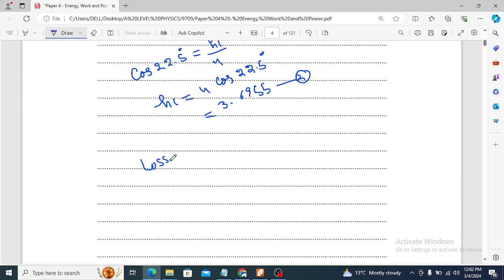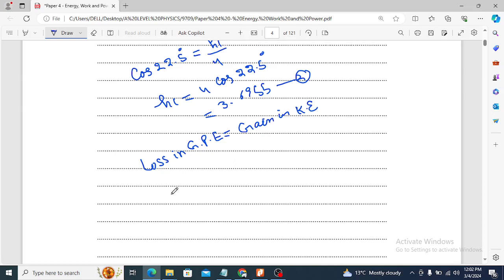the loss in gravitational potential energy is equal to the gain in kinetic energy.